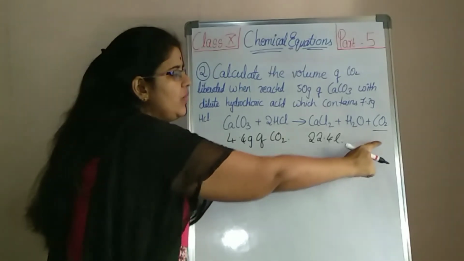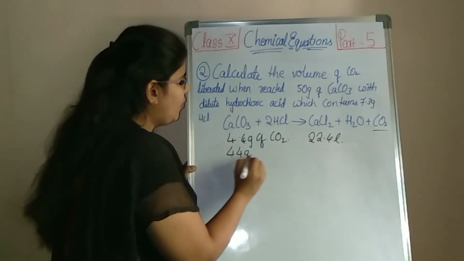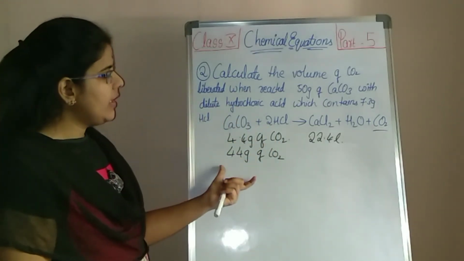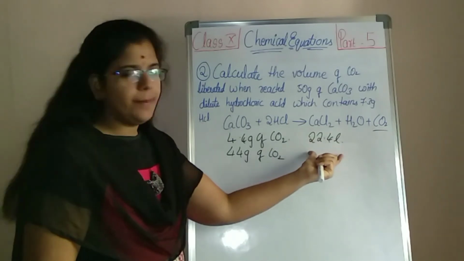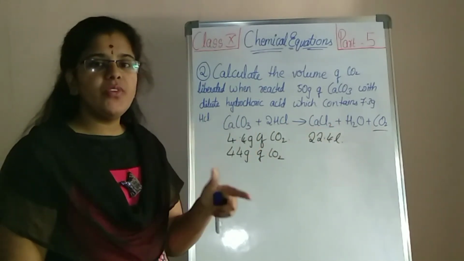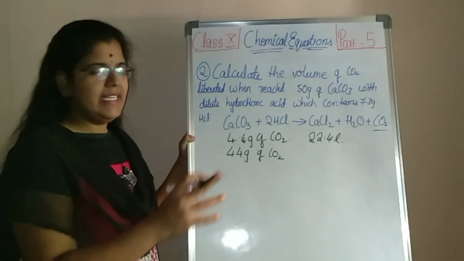Okay, so here in the equation we have 1 mole of carbon dioxide, that is 44 grams of carbon dioxide. So 44 grams of carbon dioxide can occupy 22.4 liters. Then 4.4 grams of carbon dioxide can occupy how much volume? Let us calculate.